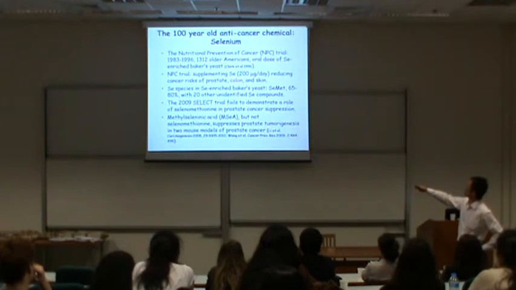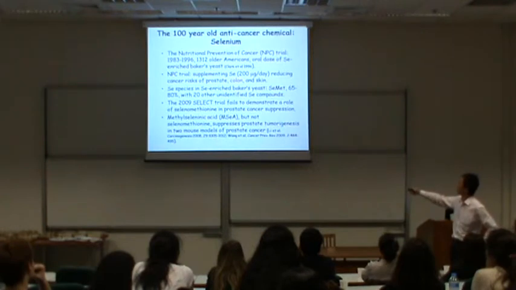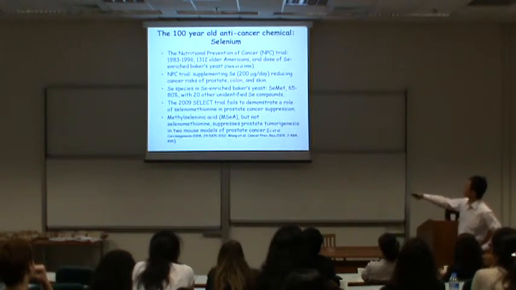What is in this selenium-enriched yeast? 65 to 80% is the amino acid selenomethionine, and there are also 20 other unidentified compounds. Then 2 years ago, there was another big clinical trial based on the NPC trial.